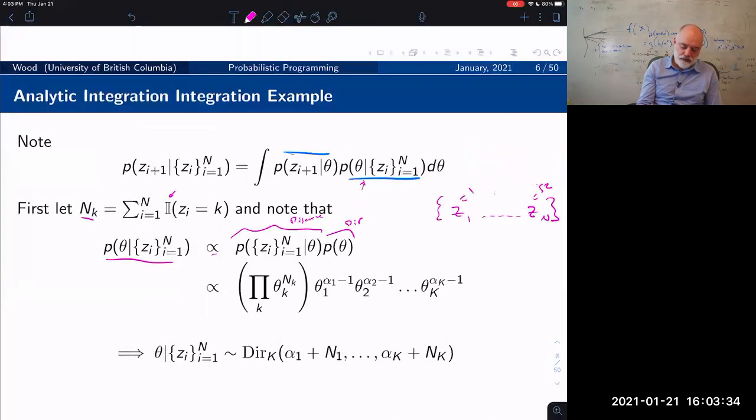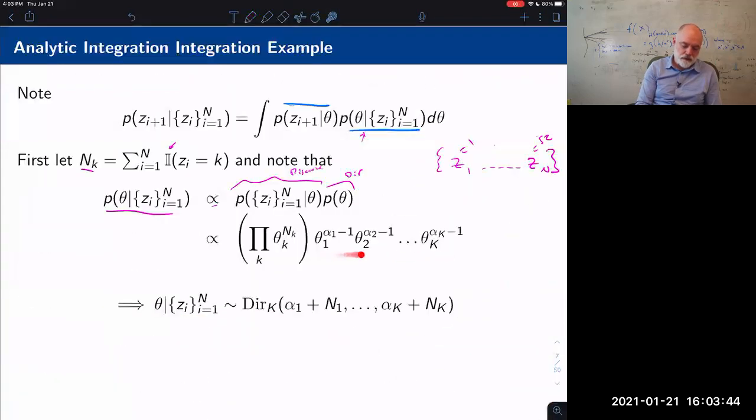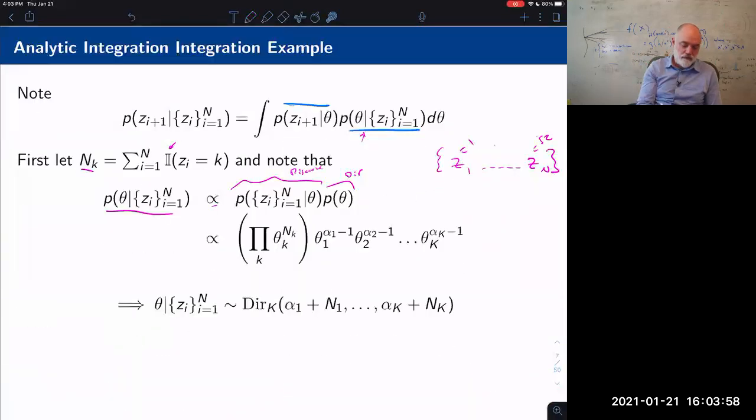If we flip back to the Dirichlet distribution, well, if we ignore the normalization constant, we have the form of the Dirichlet distribution here, right? So that's this bit right here. And we have this, right? P of z_i equals k is theta_k. We're going to have as many thetas as there are instances of the word. So for every theta_k, we just have as many of them as there are instances of the word, and we just multiply over k rather than multiply a bunch of indicator functions over n, okay? Fine.